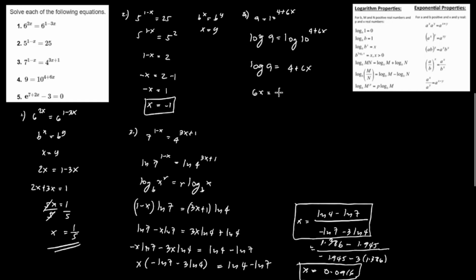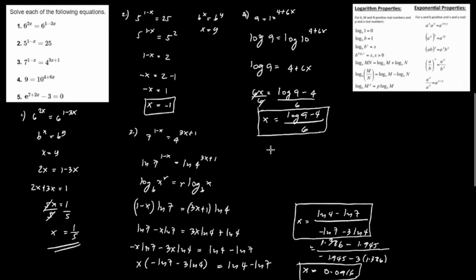6x is equal to log of 9 minus 4, transposing 4 to the other side as negative 4, and divide by 6, and the 6 cancels out. x is equal to log of 9 minus 4 all over 6. In terms of log, this is the answer, the value for x.